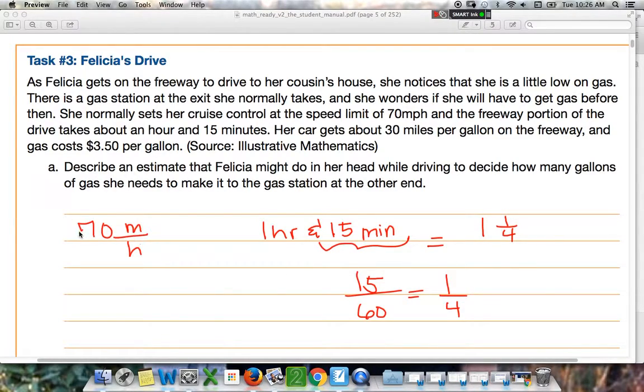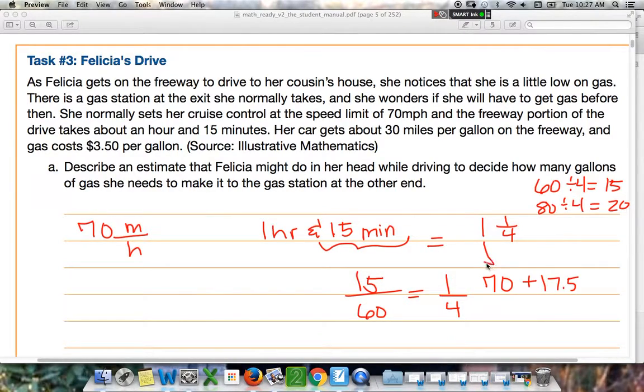In 1 hour she can travel 70 miles. Plus a quarter of 70, so that would be 70 divided by 4. The closest thing you can do, like 60 divided by 4, you should know is 15, and 80 divided by 4 is 20. So somewhere in between, you could do 17.5. That would be a good estimate.